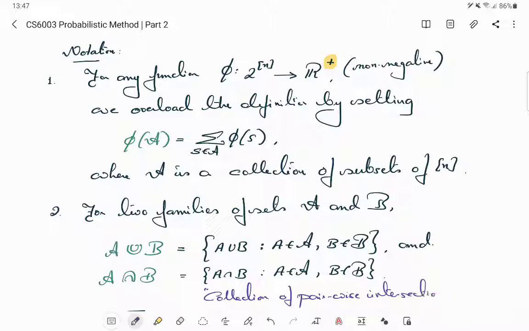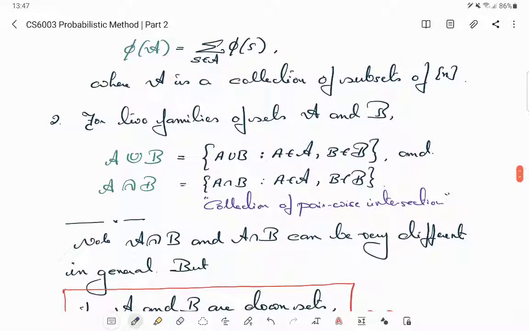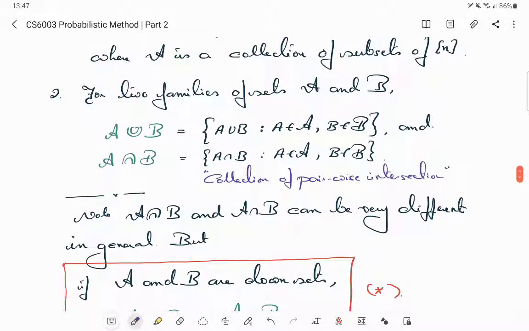Similarly, the double union is the collection of pairwise unions. Note that in general, as we already mentioned, this double intersection can be very different from an ordinary intersection. But there is one interesting case where the double intersection boils down to being equal to the ordinary intersection of families. And that is when A and B are downsets.